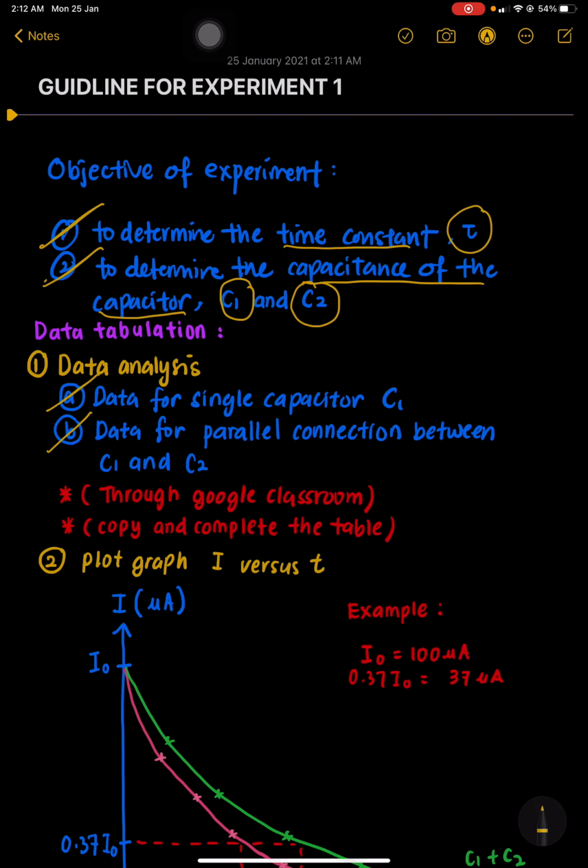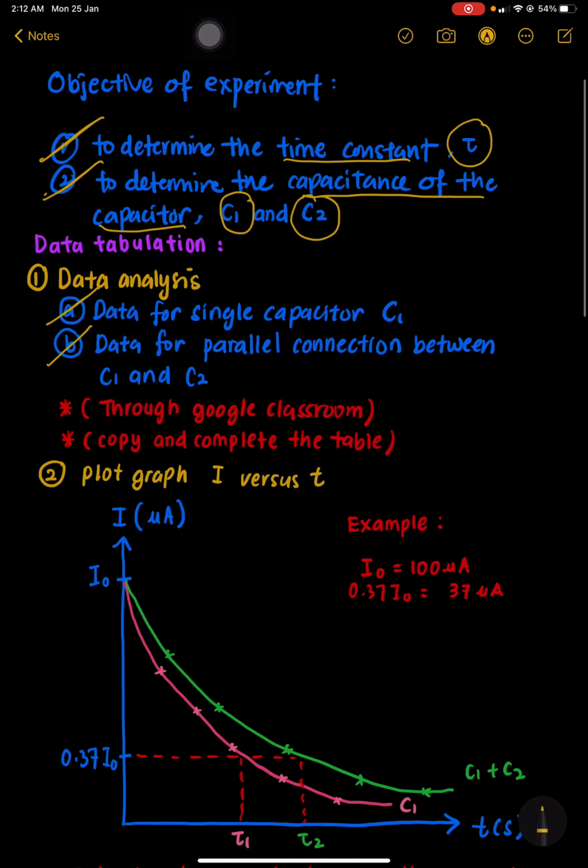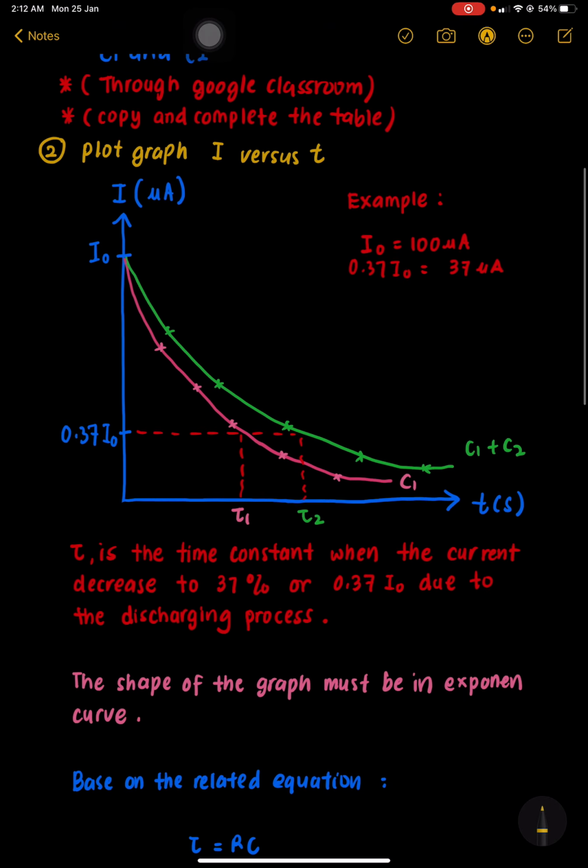Next is to plot the graph of I versus t. After you copy the table, make sure you plot the graph of I versus t, with units for each axis. You need to sketch both graphs on the same axis.